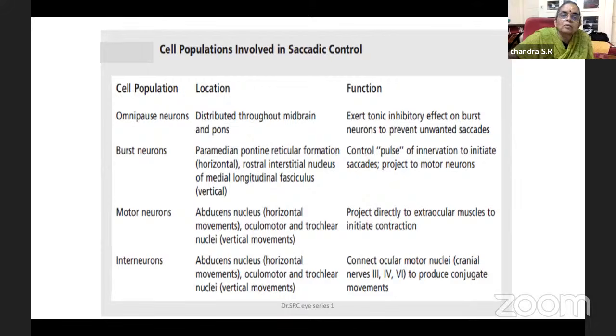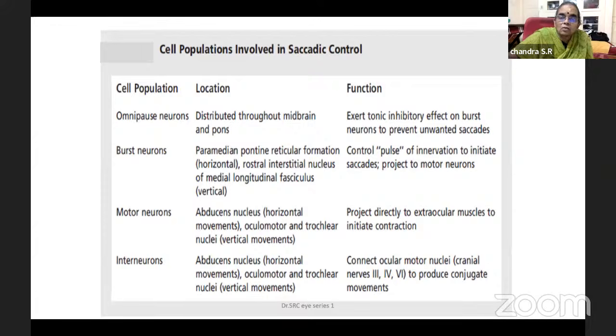The omnipause neuron is distributed throughout the midbrain and pons, the pontomesencephalic region, and it exerts a tonic inhibitory effect on the burst neurons to prevent unwanted saccades. The burst neuron is in the paramedian pontine reticular formation and the rostral interstitial nucleus of the MLF, and it controls the pulse of innervation to initiate saccades.